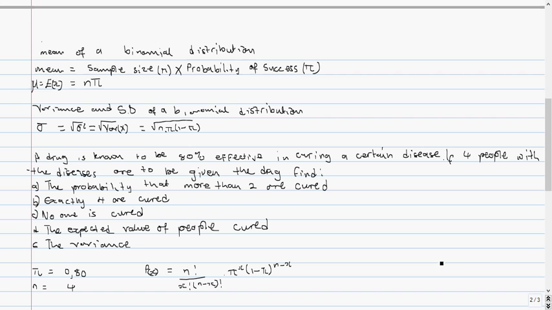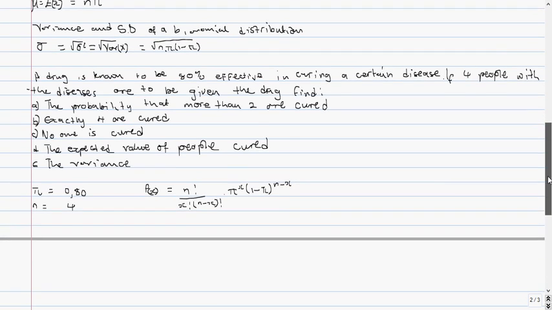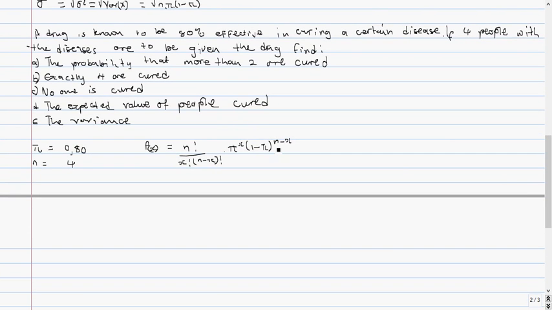Now we need to apply all the other rules that we've learned in probability so far to answer the questions with all those things in mind as well. The probability that more than 2 people are cured. So for A, we are saying the probability that x, which is the number of people cured, is greater than 2.